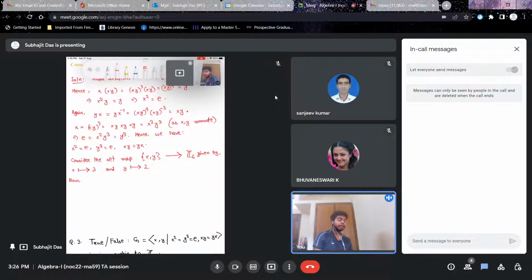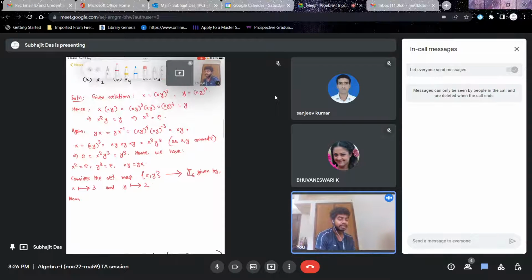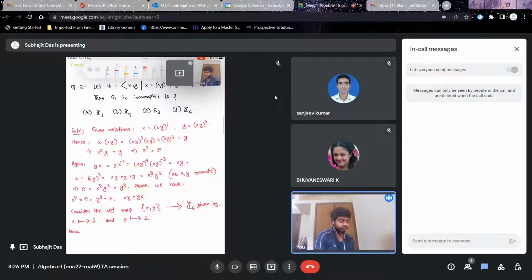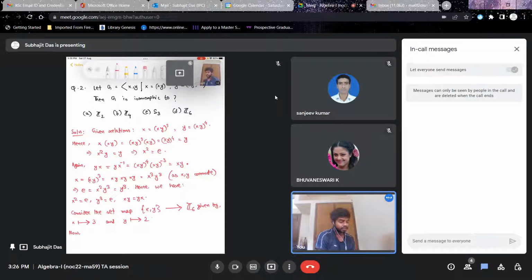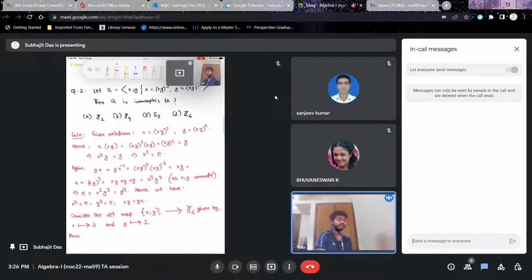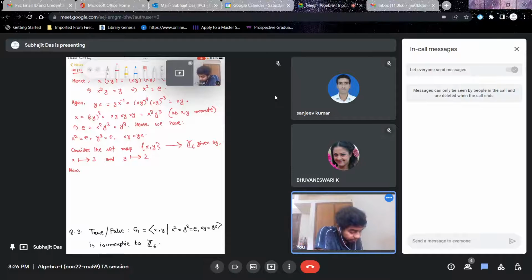Now notice that the images of x and y under this mapping again satisfy the same relations as x and y. You can check this as we did previously. Just keep in mind that the operation in Z6 is addition. So the class of 3 is equal to 3 times the class of 3 plus the class of 2.